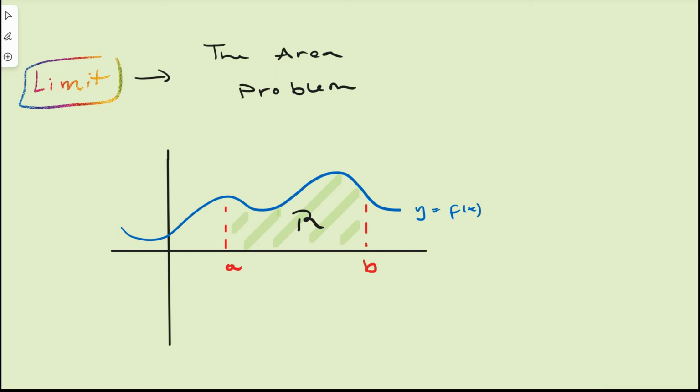And so just like we used the slope of the secant line at a nearby point to approximate the tangent line and then take the limit, we're going to use rectangles to fill up the inside of the region, approximate the area of the region using the sum of the areas of rectangles, and then take the limit of the number of rectangles to infinity and see that we do get the exact area.